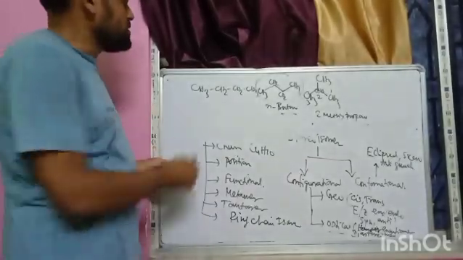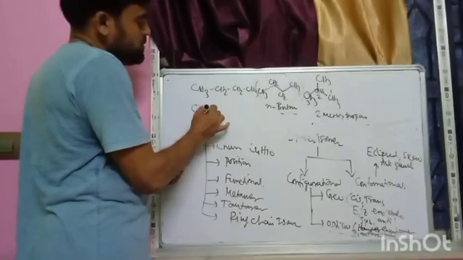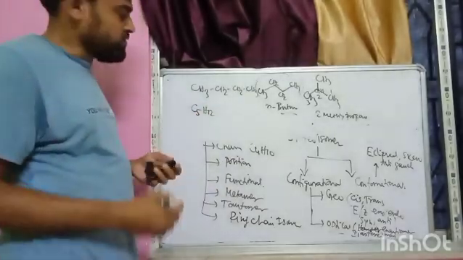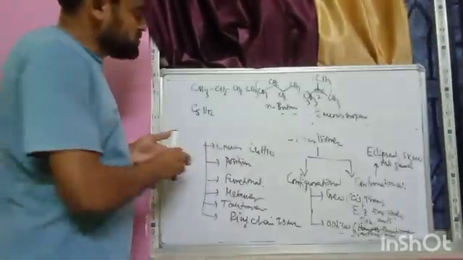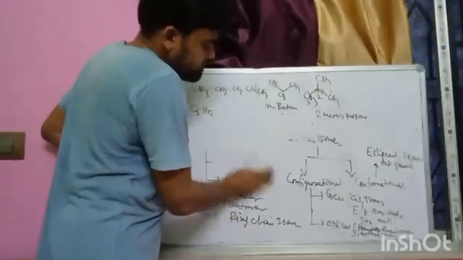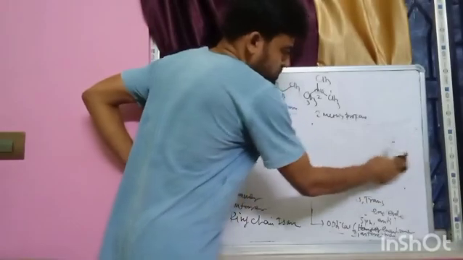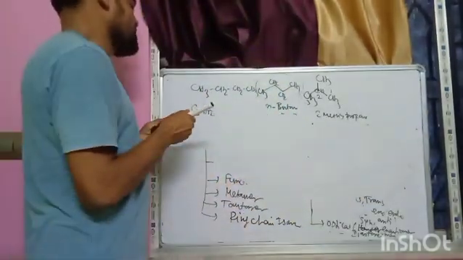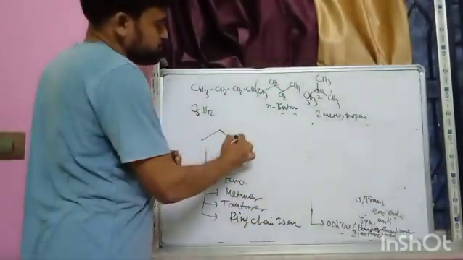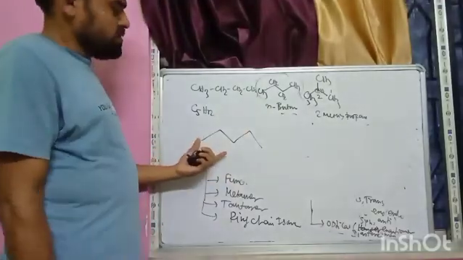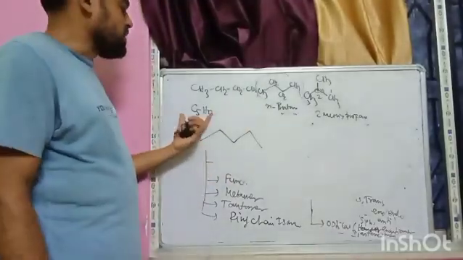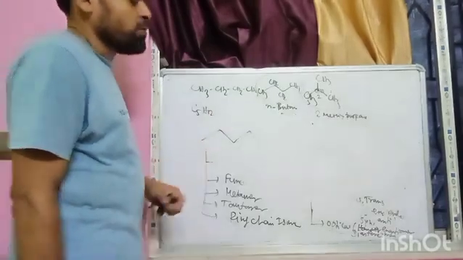One example is C5H12. C5H12 has different types of chain isomers. It is normal pentane, that is 5 carbon atoms present, so it is normal pentane.